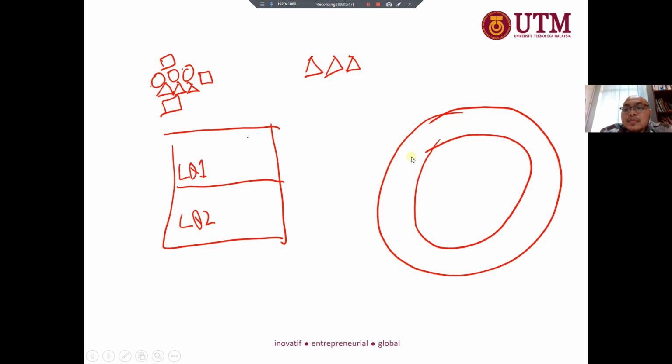For example, the triangle is the one that interacts least with the stationary phase, so it will always stay in liquid 1, the mobile phase.